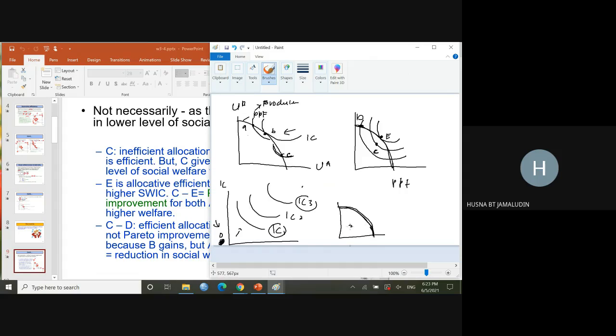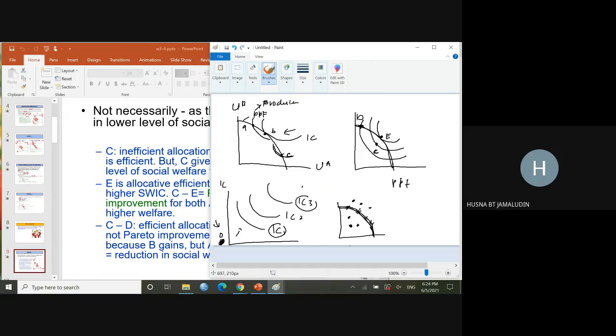But if you produce somewhere inside the PPF, it is not efficient. Outside the PPF, it is unattainable. So you have to make sure that you produce on this PPF line. If you compare here, point D is on the PPF, so it is efficient. Point C is inside the PPF, so it is inefficient. We have agreed on this.